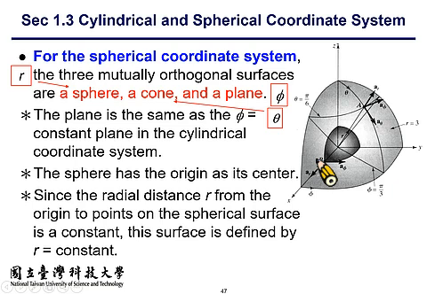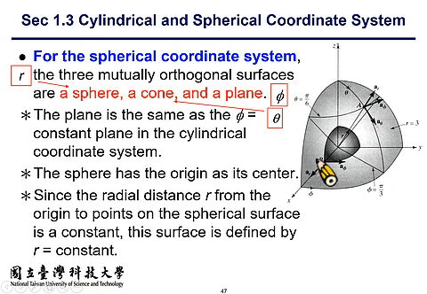Okay, so what is the implication of this figure? This figure says if you fix R as a constant value, what kind of geometry would you get? You'll get a sphere. 一颗球嘛, a sphere. What is the geometry if you fix theta as a constant? Theta是定值的话，你会拿到什么？ We end up with a cone.